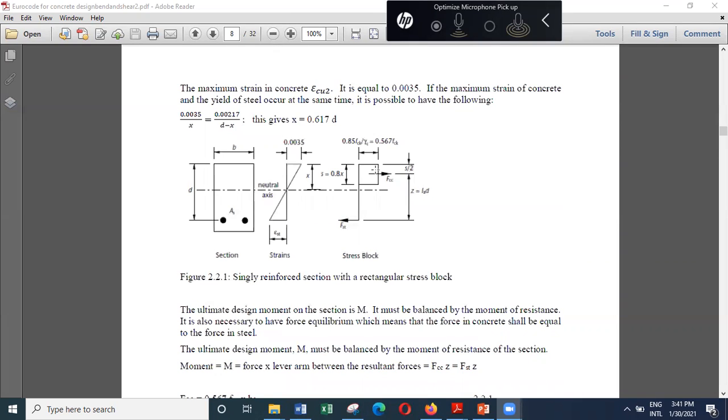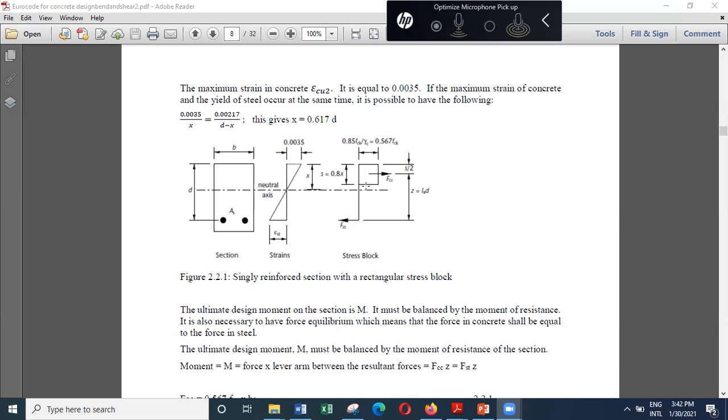And that danger is crushing of concrete, because when you cast a structural member, we are using wet concrete, and the concrete at the top part of the member tends to be slightly weaker. The reason is, when you are vibrating the concrete, all these aggregates will settle downwards, and the concrete at the top tends to be slightly weaker, and that concrete can easily crush.